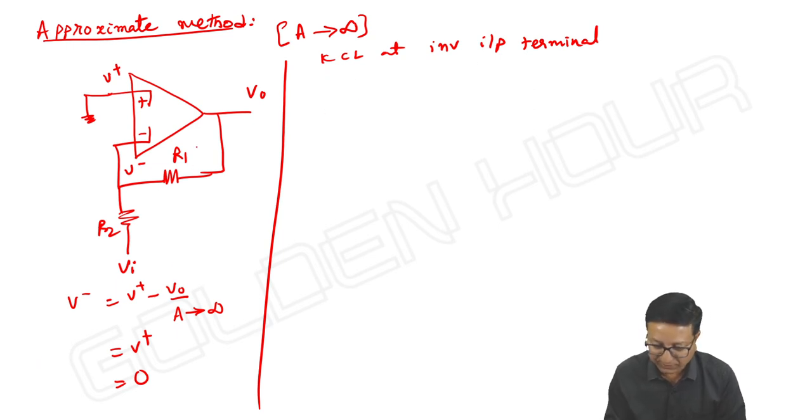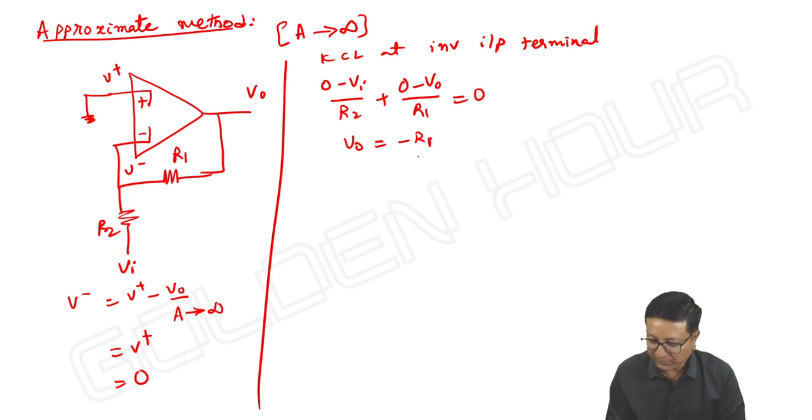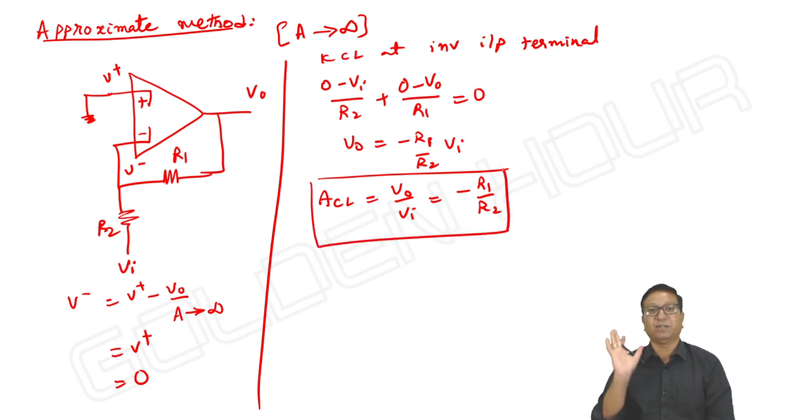KCL at the inverting input terminal, instead of V minus I am writing 0: 0 minus Vi by R2 plus 0 minus V output by R1 is equal to 0. Or V output is equal to minus R1 by R2 into Vi, or the closed loop gain V output by Vi is equal to minus R1 by R2. How simple we are able to write the result.